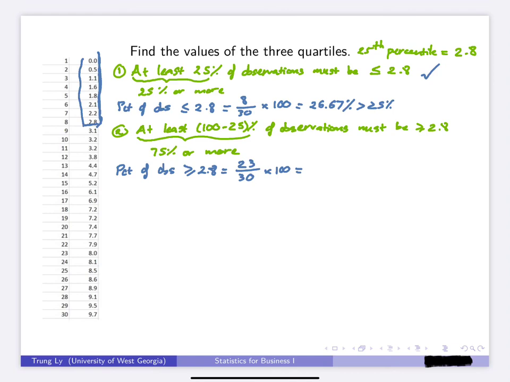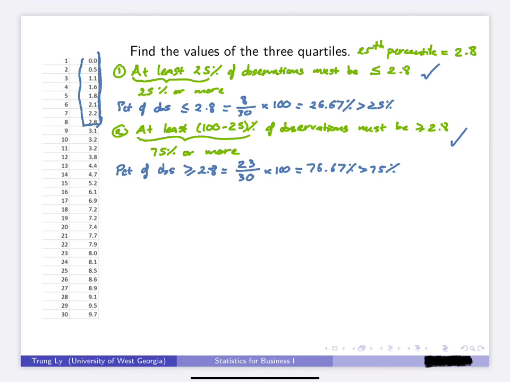That gives you 76.67%, which is greater than 75%. So the second condition is also met. So we have essentially confirmed that 2.8 is indeed the 25th percentile.